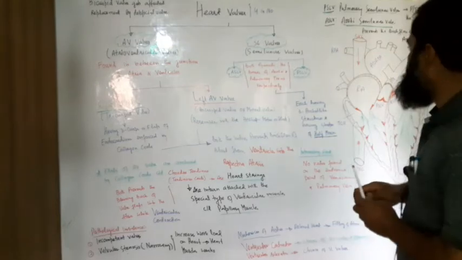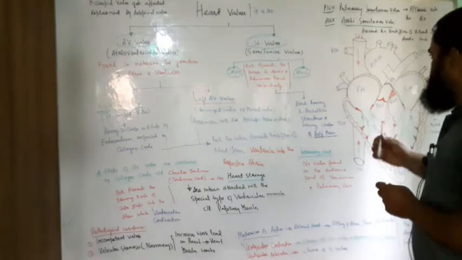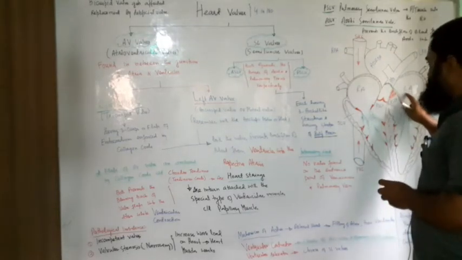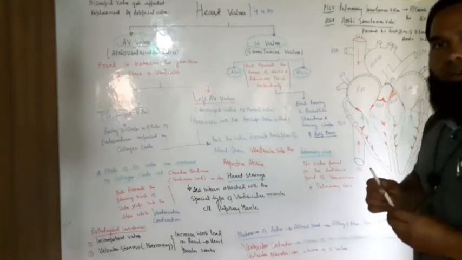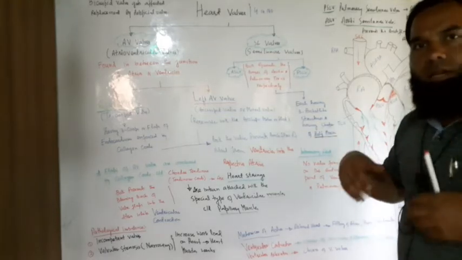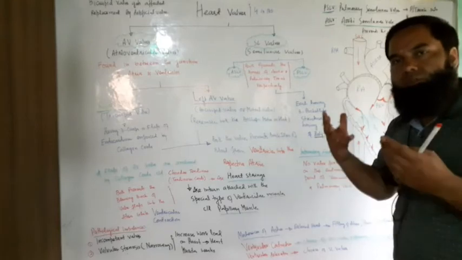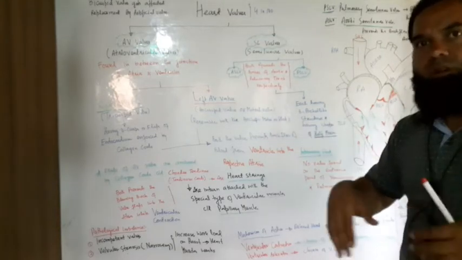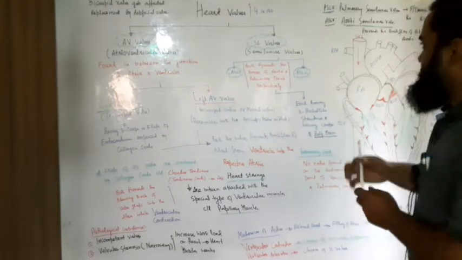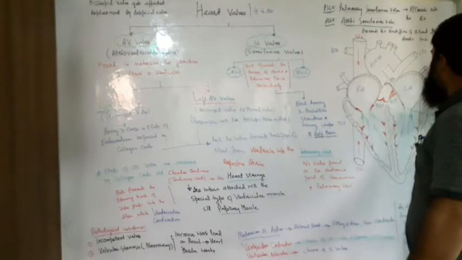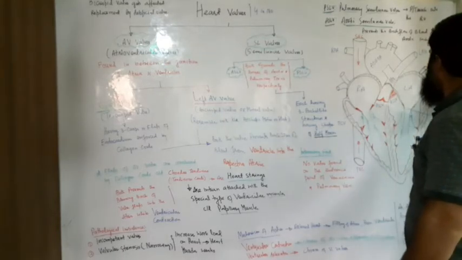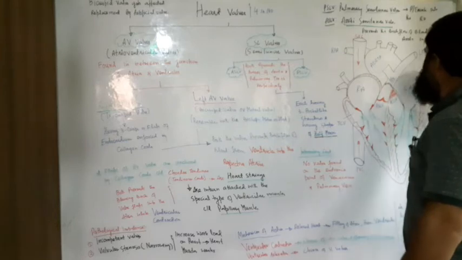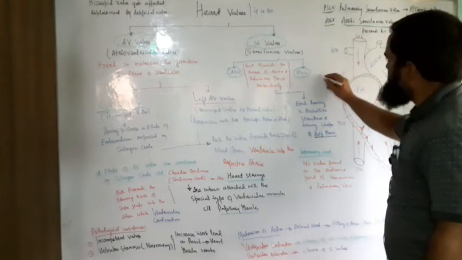This is one point. Another point, on the other hand, is that the left auricle is the entrance point of the oxygenated blood which comes from the lungs in the form of the left pulmonary veins and right pulmonary veins.